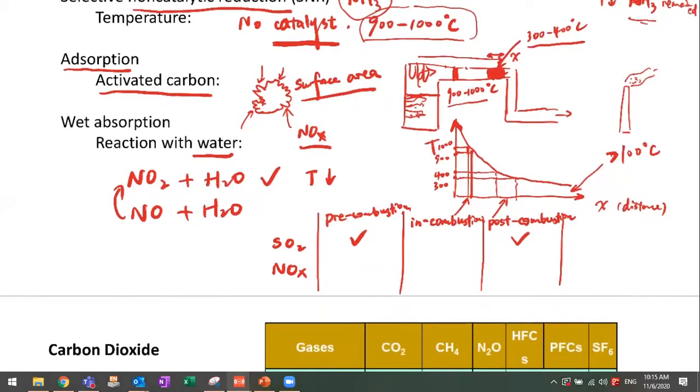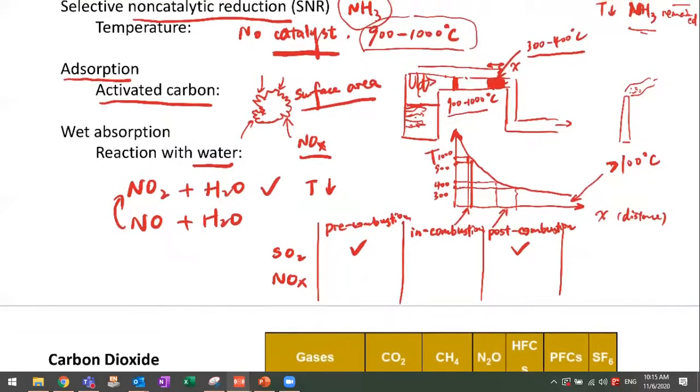But for NOx control, we don't have this pre-combustion method, right? It's going to be very difficult to extract the nitrogen out of it. And we mentioned that most of this nitrogen comes from cars or coal combustion. But we can indeed do the in-combustion method by controlling the temperature, the residence time, and the oxygen content using overfire air.